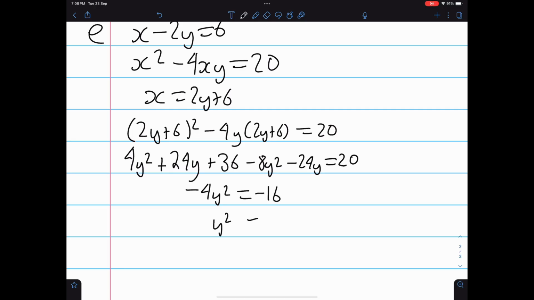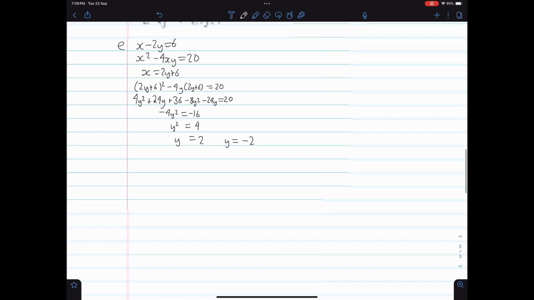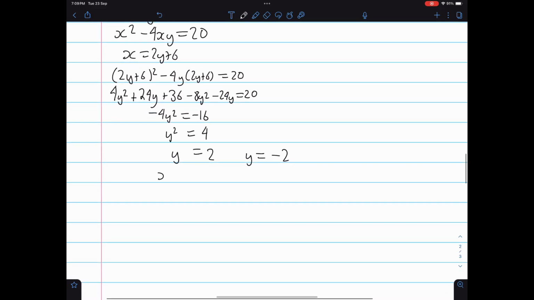Y squared will equal 4. Y will either equal 2, or y will equal negative 2. And then x is 2 times 2 plus 6, which is 10.